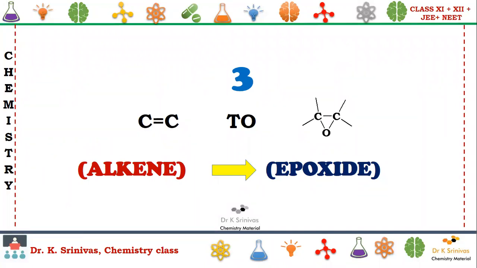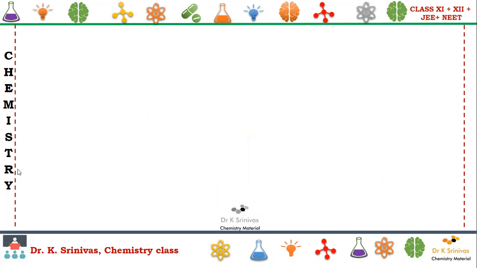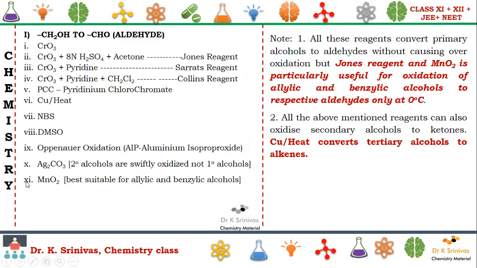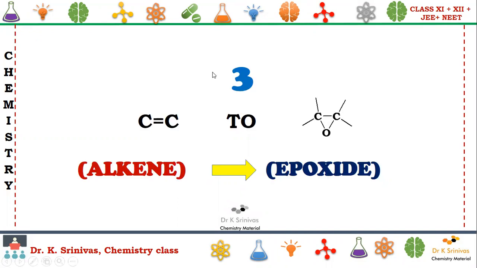In the first case, conversion of alcohol to carbonyl, we have approximately 11 or 12 reagents. But when you go for the second one, how many reagents are there? Only three. Now, if you go for the third one, you can see the limited number of reagents.